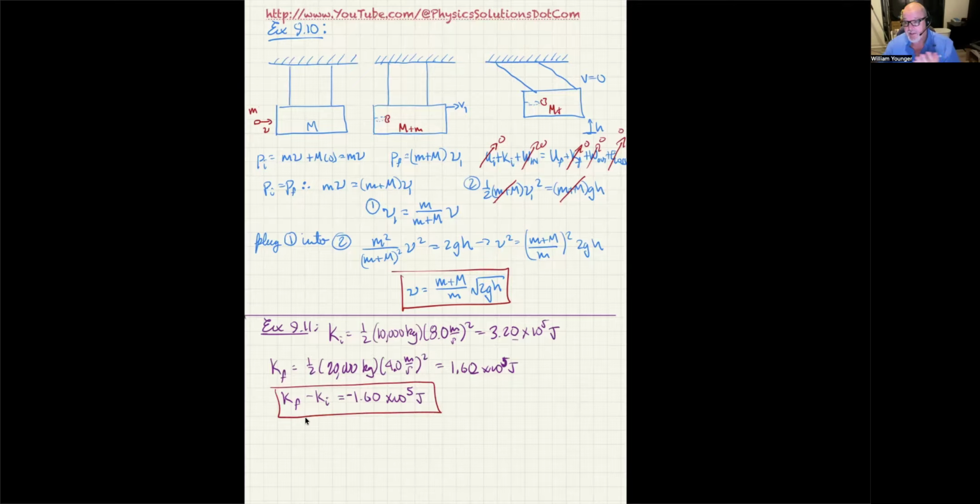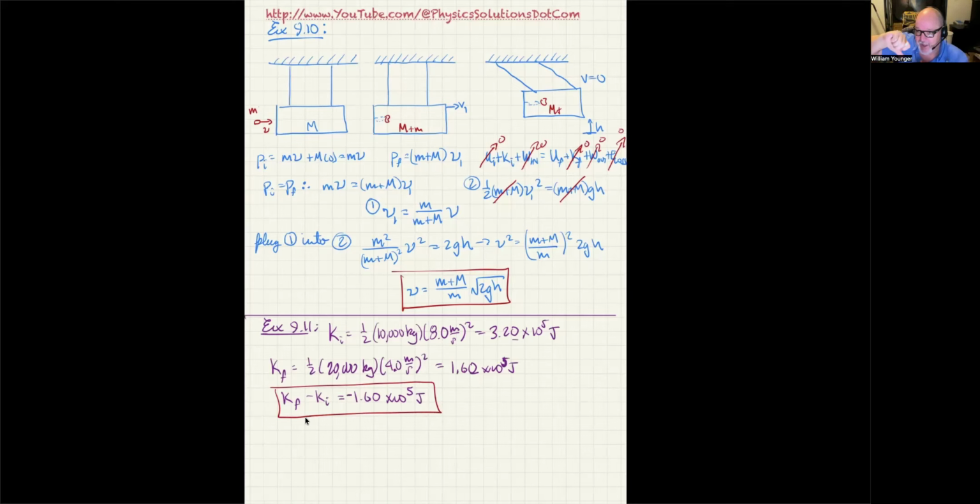In fact, it's exactly half of the kinetic energy, which is exactly what we expected, because the mass went up by a factor of two and the velocity went down by a factor of two, which is what you need for momentum to be conserved, because momentum is mass times velocity. So if one goes up by a factor of anything and the other goes down by the same factor, then momentum's conserved. But kinetic energy is one half mv squared.